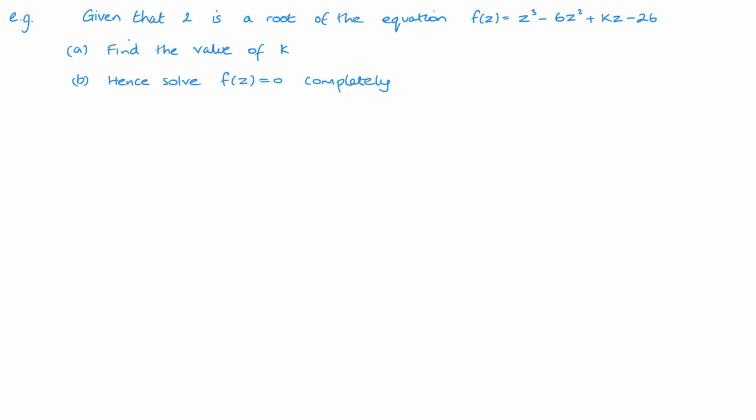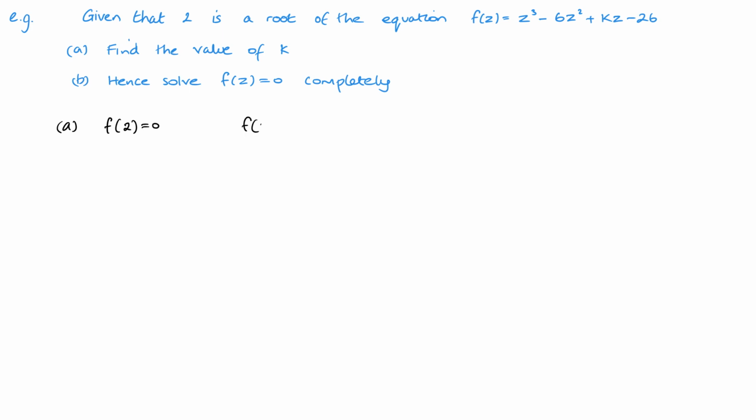Here we're given that 2 is a root of the equation f of z, find k and solve completely. If 2 is a root, that basically means that z equals 2 is one of our roots. So f of 2 should be equal to 0.